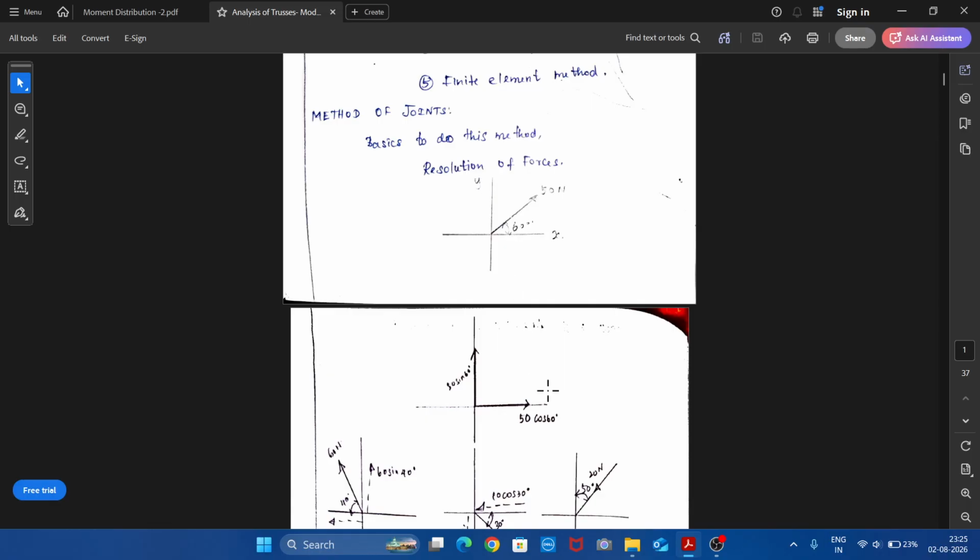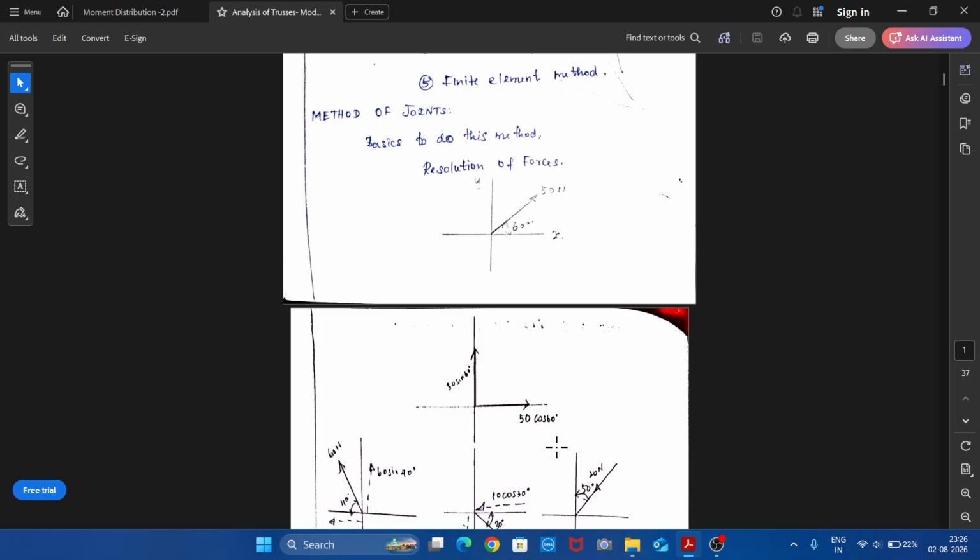For easy remembrance, let us have one aspect. Whenever we want to resolve a force along the horizontal axis, say this is the x-axis, or along the axis where the angle is contained, you can remember it like this: that component will be in terms of cos theta.